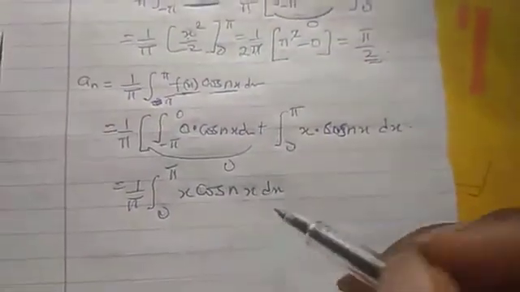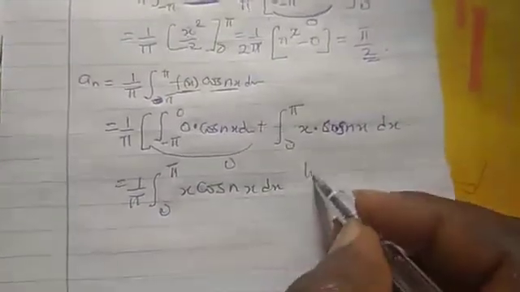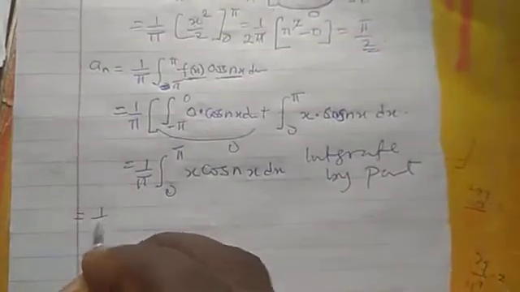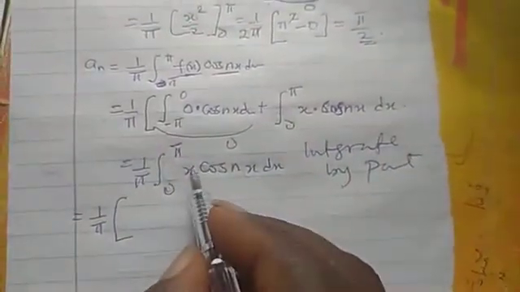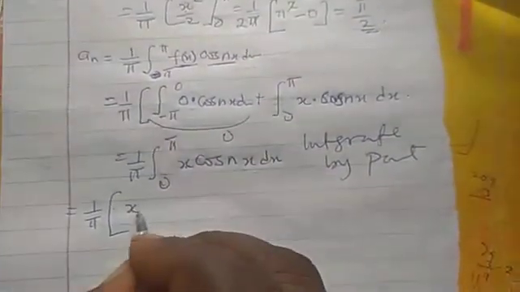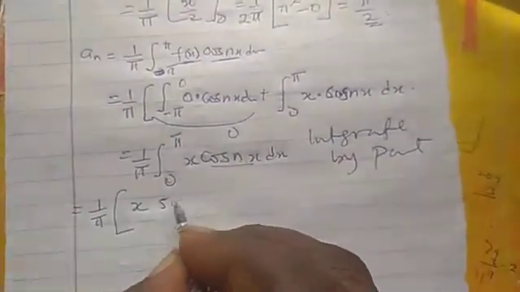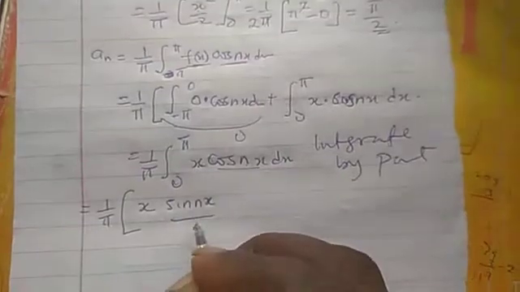In this stage, I don't need to teach you. You need to go through integration by parts. Go and learn it. So you solve this thing using integration by parts. When you solve it, what are you going to have? You take this, you integrate cos nx. When you integrate cos nx, it will give you sine nx over n.